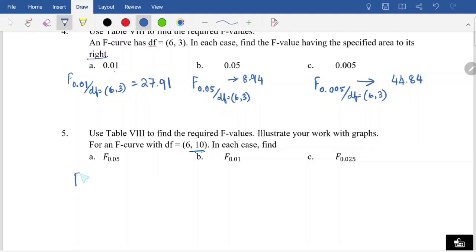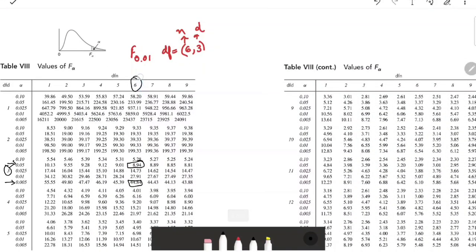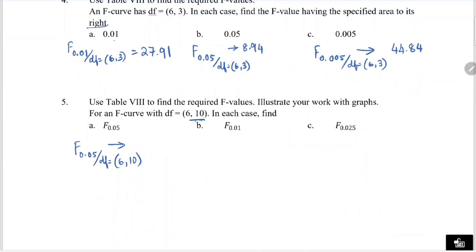All right, so F of 0.05 with DF equals 6, 10, correct? Now we'll go to the table. First we look for 6, then we look for 10, and then 0.05. So we have our 6 here, right? But this time it's not 3 for the denominator, it's 10.